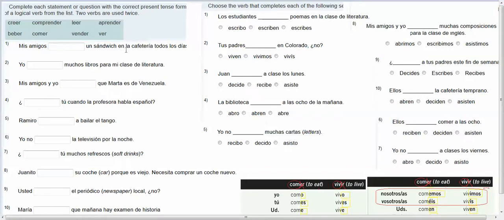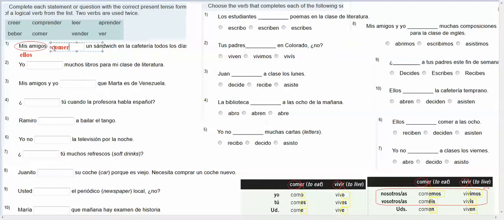So, "Mis amigos blank un sándwich en la cafetería todos los días." Probably comer. Okay, so if I put comer in here, then I want to figure out who is doing the eating. It's my friends, which is the same thing as ellos.